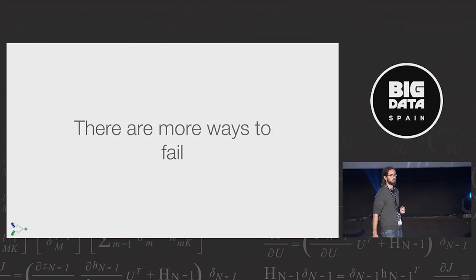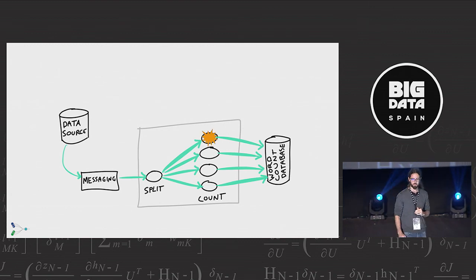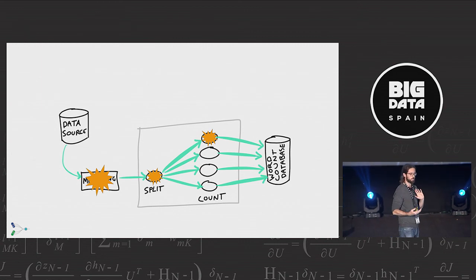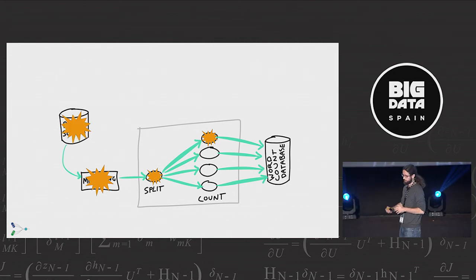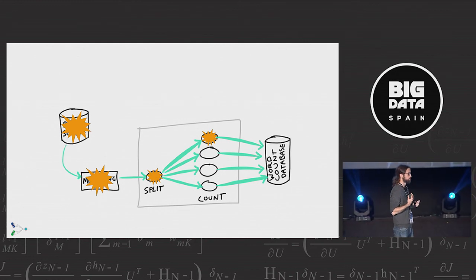But so far I've only talked about the stream processing engine. In our example application, there are many other ways to fail. Of course, your stream processing engine can fail in many points. Your messaging system can fail, so you need some guarantees around your messaging system to ensure that you can provide effectively once. Whatever is feeding the data into your messaging system can also fail, so this needs to provide some guarantees so that we don't lose messages coming from there, and we don't duplicate messages coming from there.